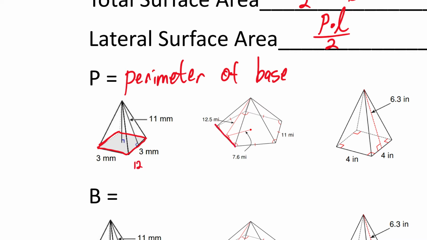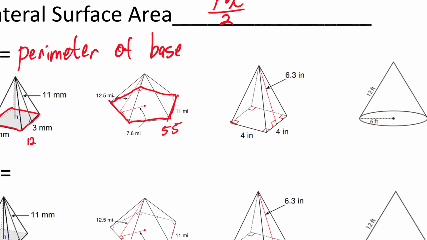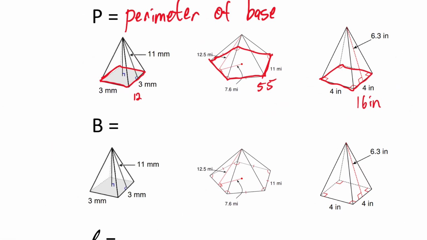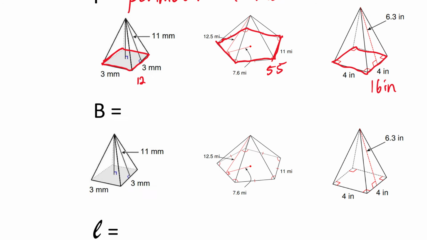On this one, it would be adding this, this, this, this, and this. What would that perimeter be? 55. It's 11, 5 times. On this one, the perimeter would be adding this, this, this, and this. What would that be? 16. And I shouldn't put that cone on that one.